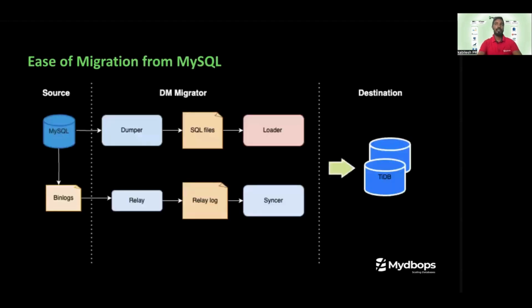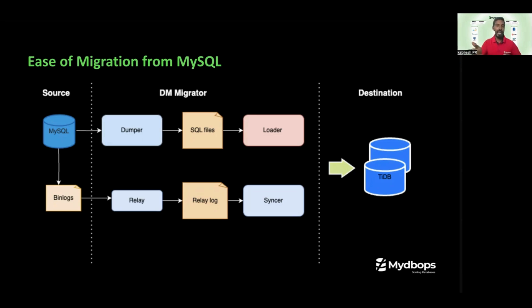So yes, now you have chosen the scalable database, that is TiDB. Now, what will the migration pipeline look like to handle these things? Migration from MySQL is very easy. For example, you have a MySQL server running.